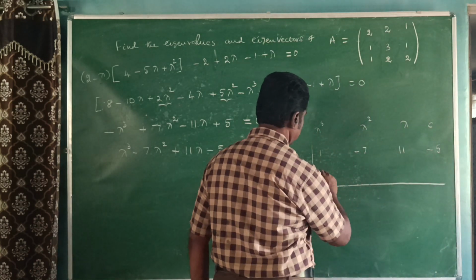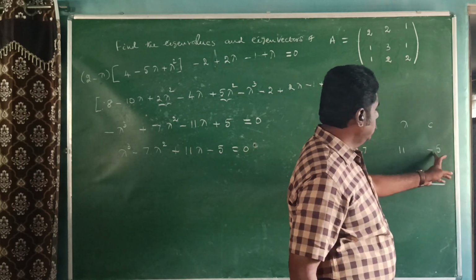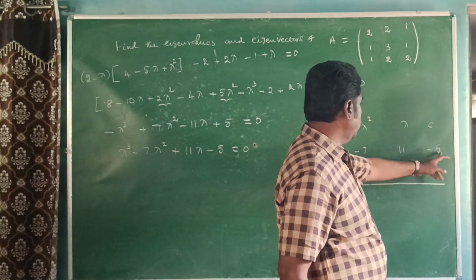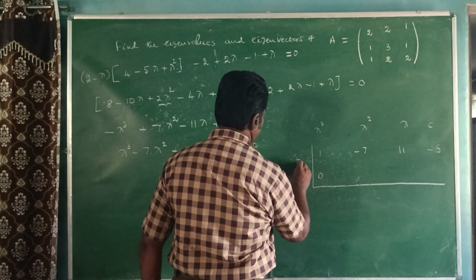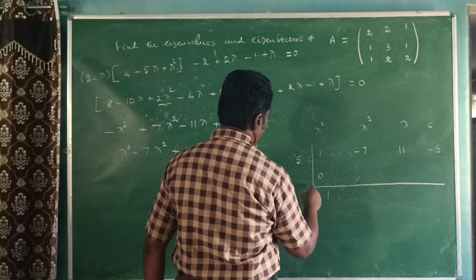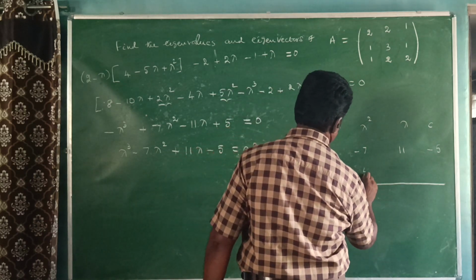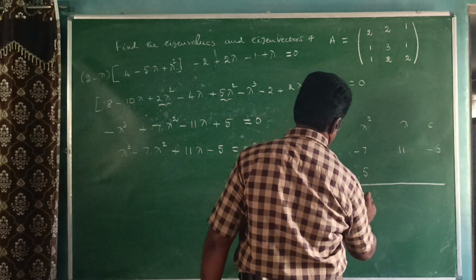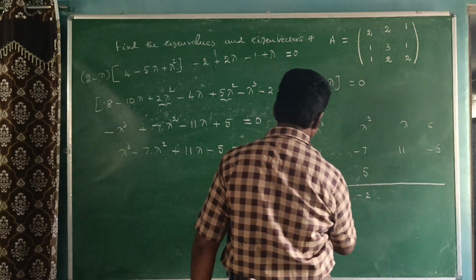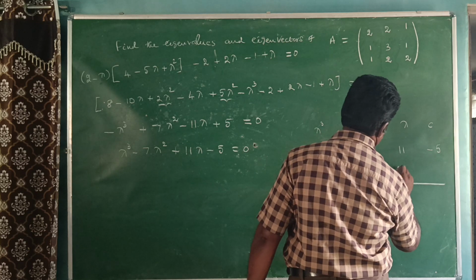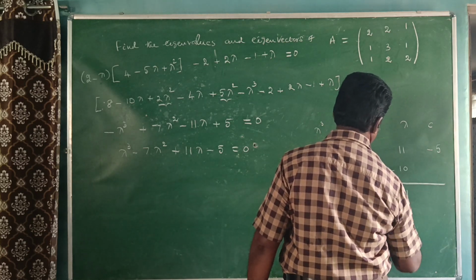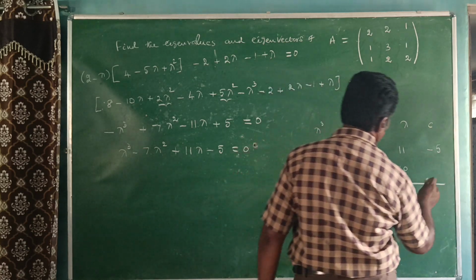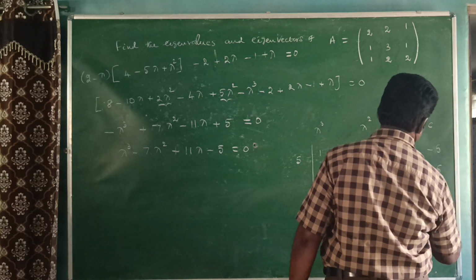To cancel the last term, we need plus 5 here, so put 5. 1 plus 0 is 1. 1 into 5 is 5. Minus 7 plus 5 is minus 2. 5 into minus 2 is minus 10. This is 1. 5 into 1 is 5, plus 5. That's 0.